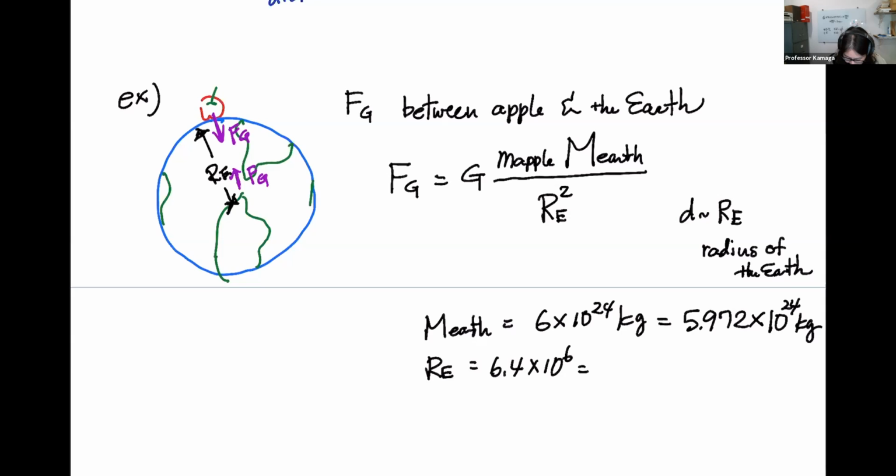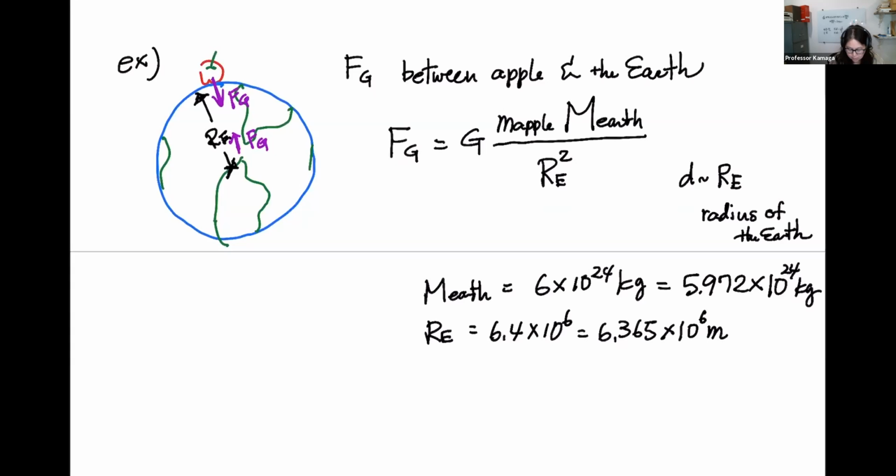More accurately, 6.365 times 10 to the 6 meter. So we know the mass of the Earth and the radius of the Earth.